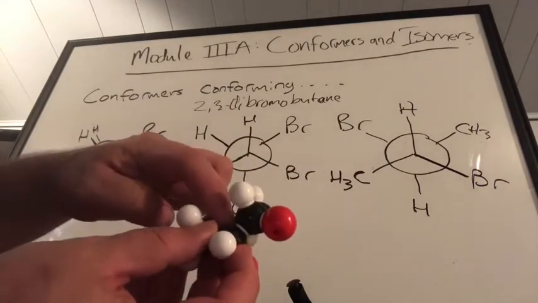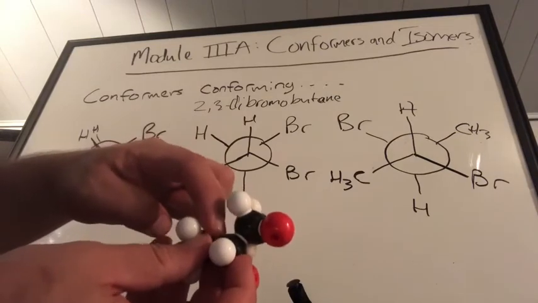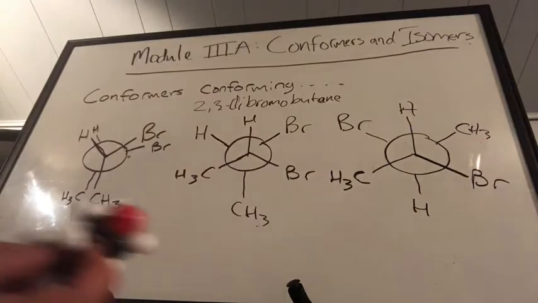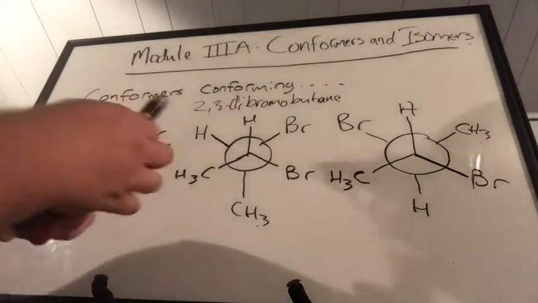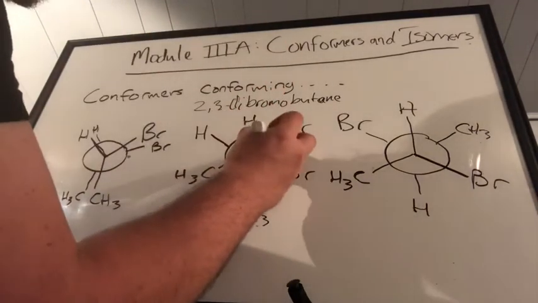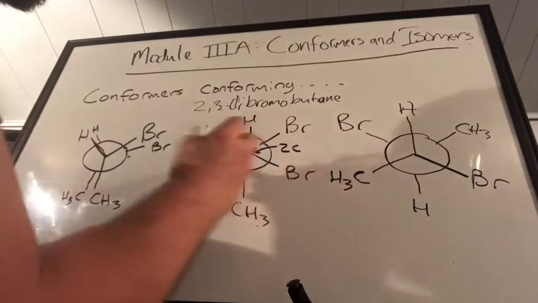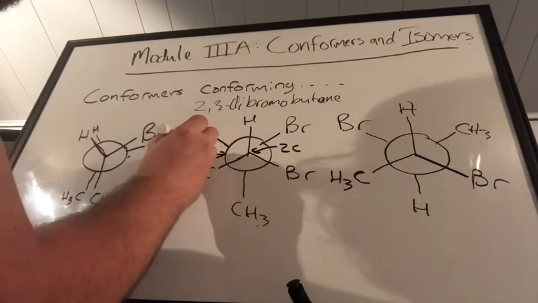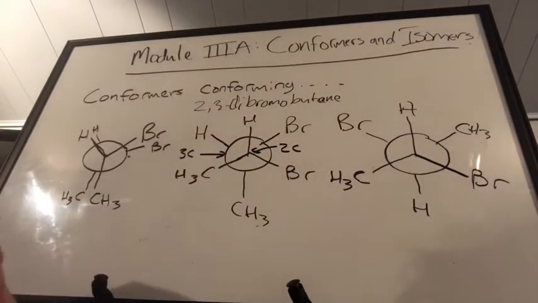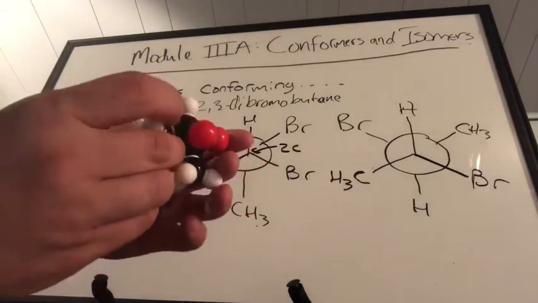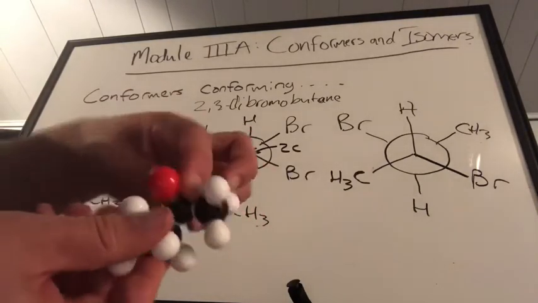Now look at where carbons 2 and 3 are, again, junction, circle. I'll just point that out here. Those are essentially where the rotation is taking place, right?